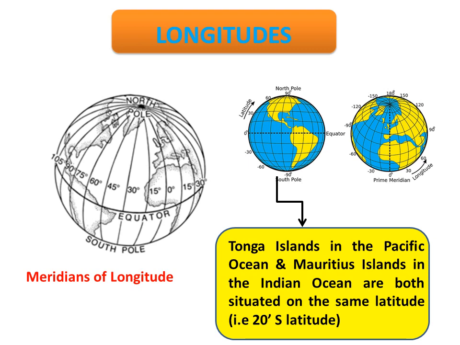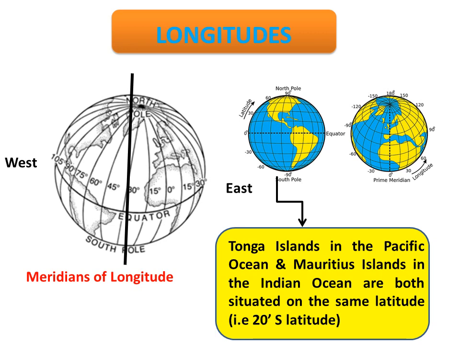So, in order to differentiate between them, first we must find out how far east or west places are with respect to a line of reference running from the North Pole to the South Pole.